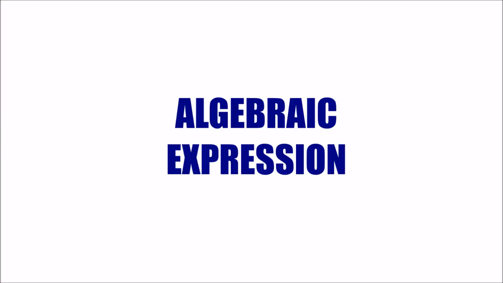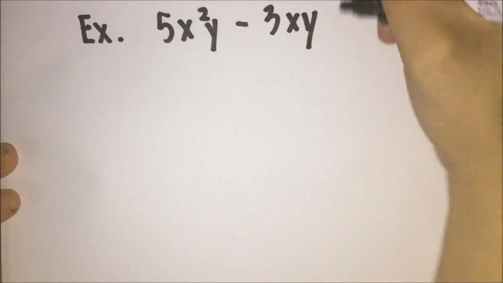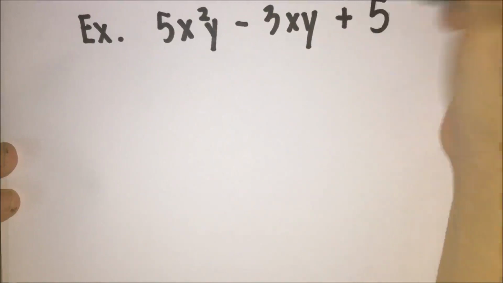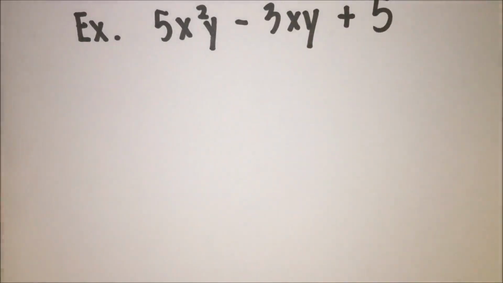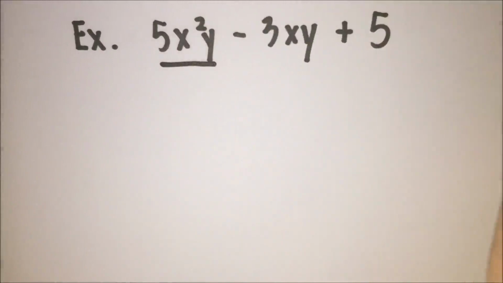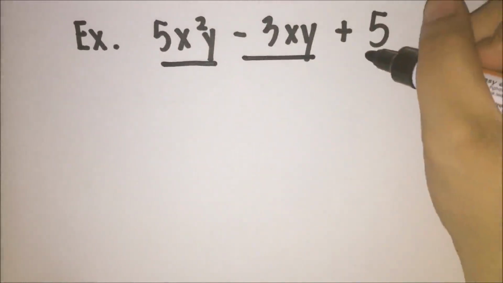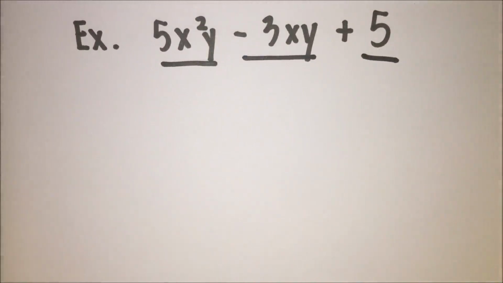If there is more than one term separated by plus or minus signs, then we have an algebraic expression. An example is 5x squared y minus 3xy plus 5. So this expression has three terms: the 5x squared y, the negative 3xy, and the 5.